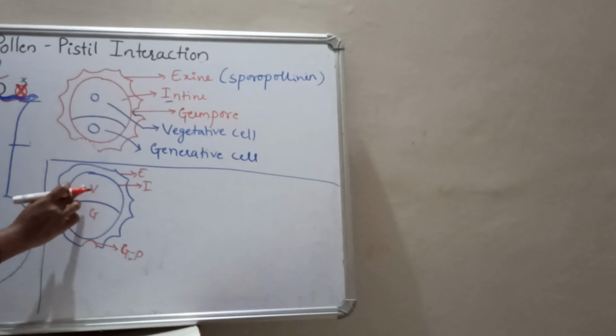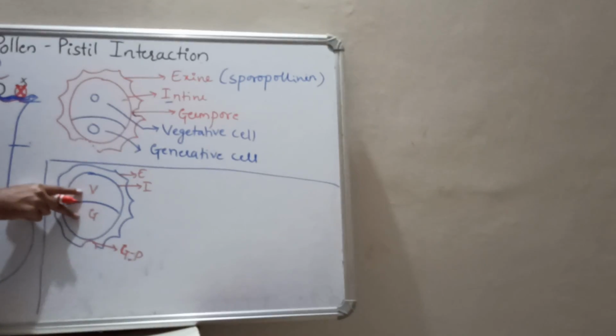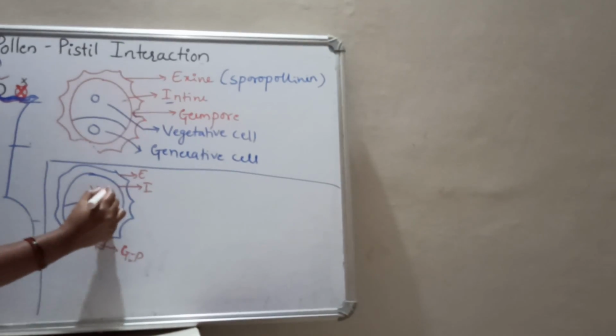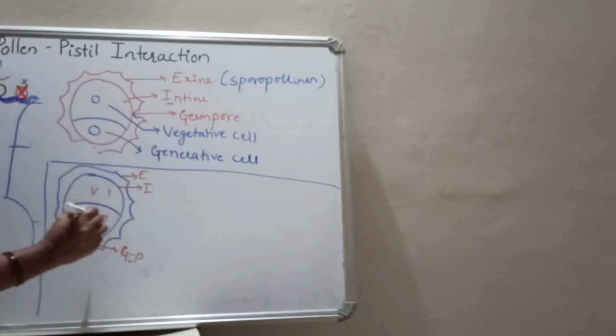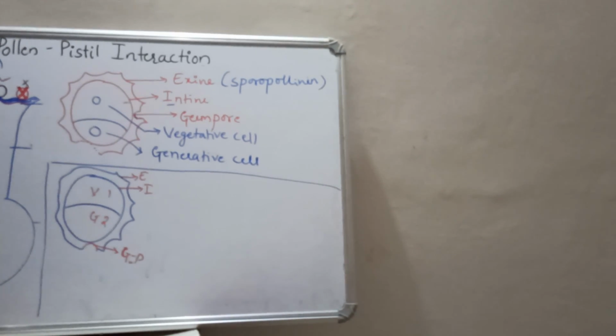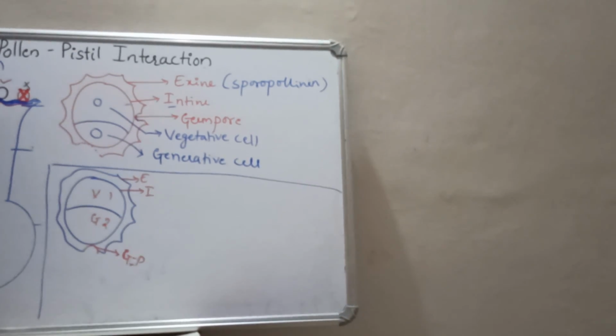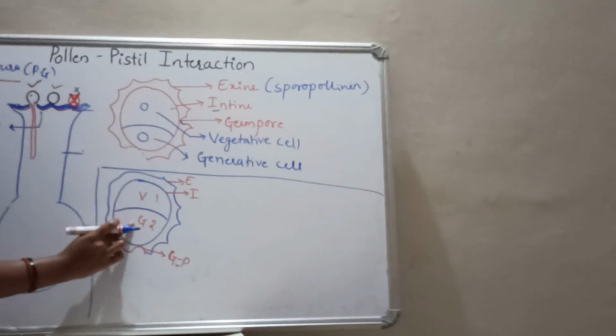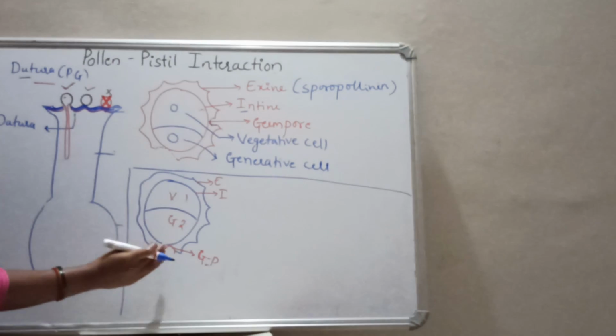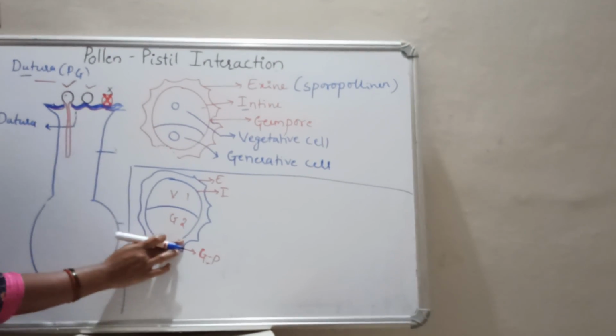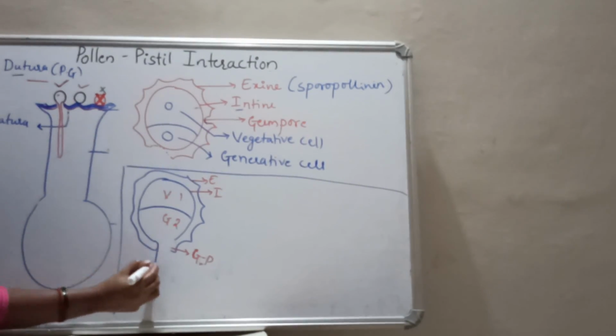The plants which release the pollen grains in the two-celled stage have one vegetative cell and one generative cell. After the pollination, the pollen grain produces the pollen tube through the germ pore.